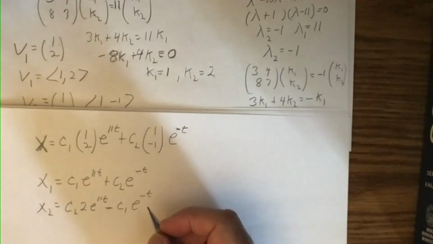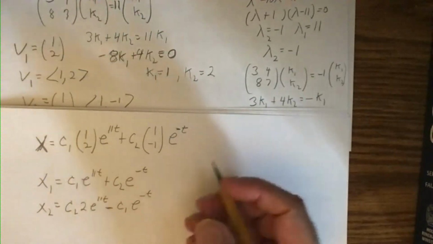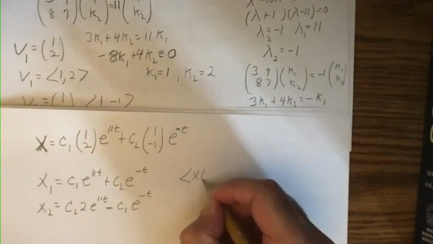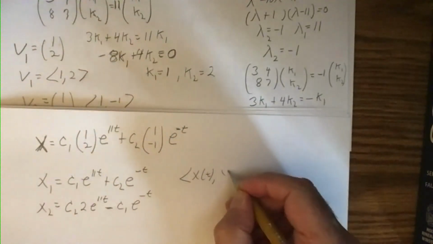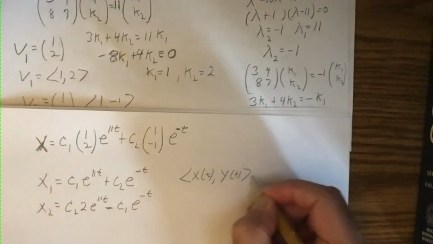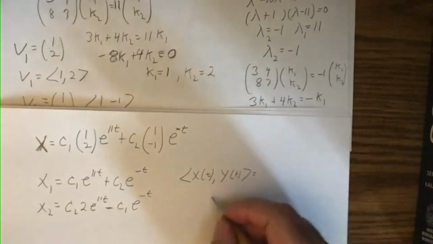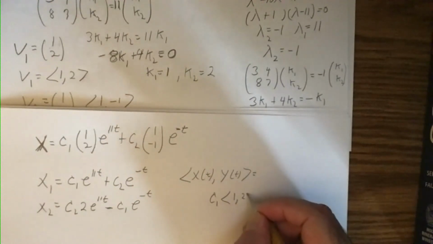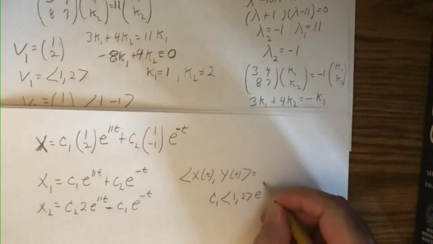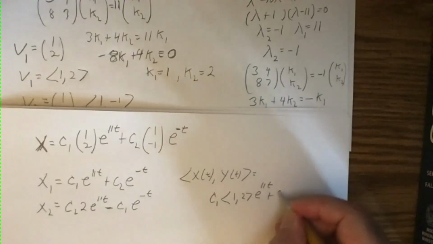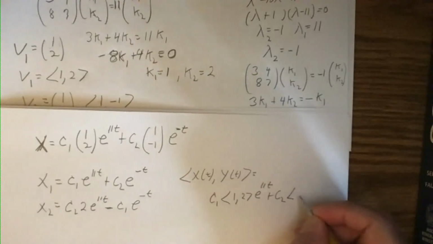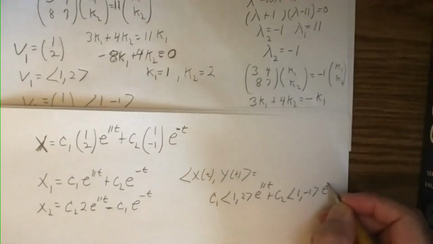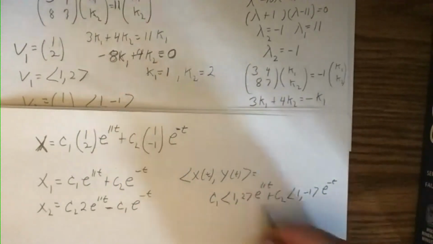It's another way of writing it. And finally, I can write it like this too: C1 times 1, 2 e to the 11t plus C2 times 1, minus 2 e to the minus t. So these are different ways of writing it.